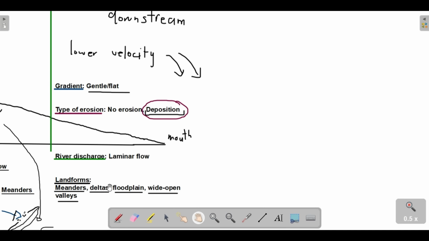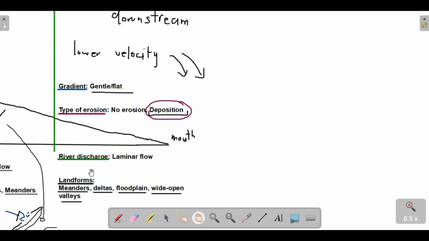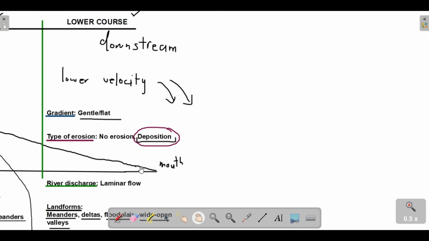Now remember, guys, discharge will be determined by the shape of the riverbed. So if your riverbed is not even, then you will promote turbulent flow. If your riverbed is even, then you will promote laminar flow. Okay, so in the lower course, generally the riverbed is even, and so we see laminar flow.